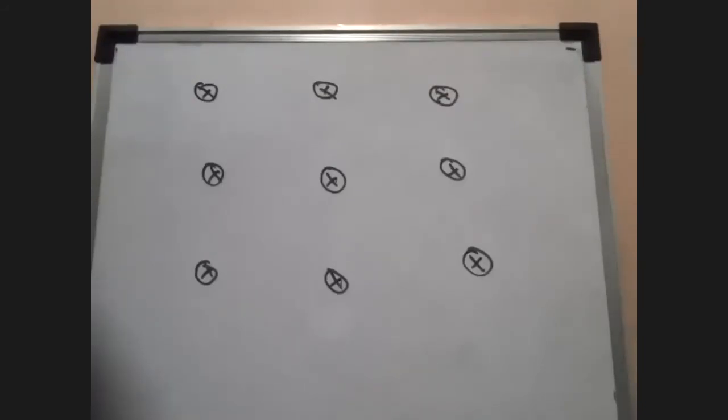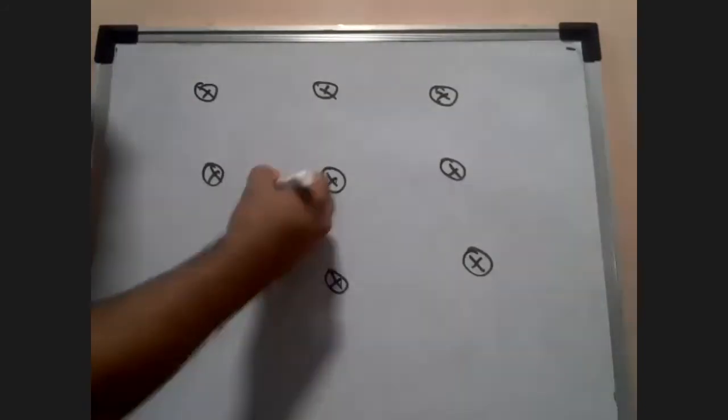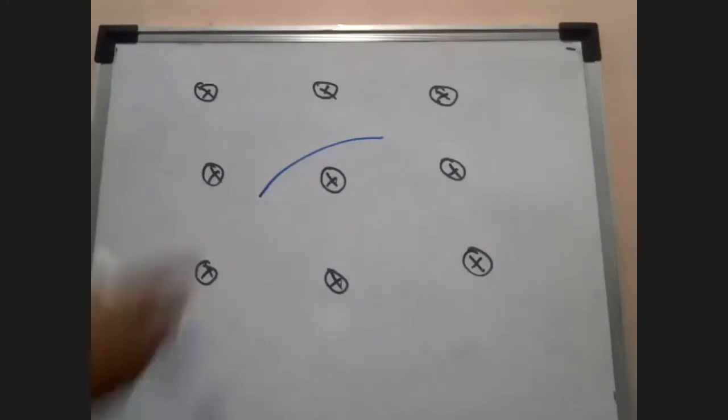It is having some curl, you can see it. So a quarter of a wire of radius R carrying current I, if kept in a uniform magnetic field as shown, determine the magnitude of the force on the wire. This is the question.